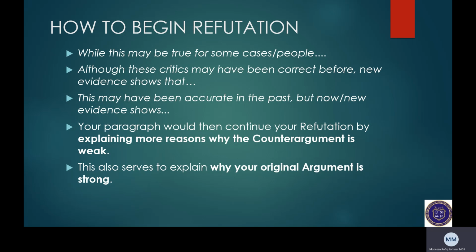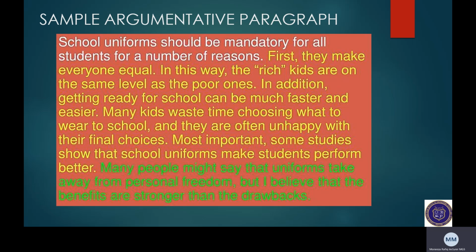So this is how you would go. You would give your arguments, you would give counter arguments, the kind of objections that people would mainly give, then you're going to refute those counter arguments. And then, of course, you are going to conclude your work.